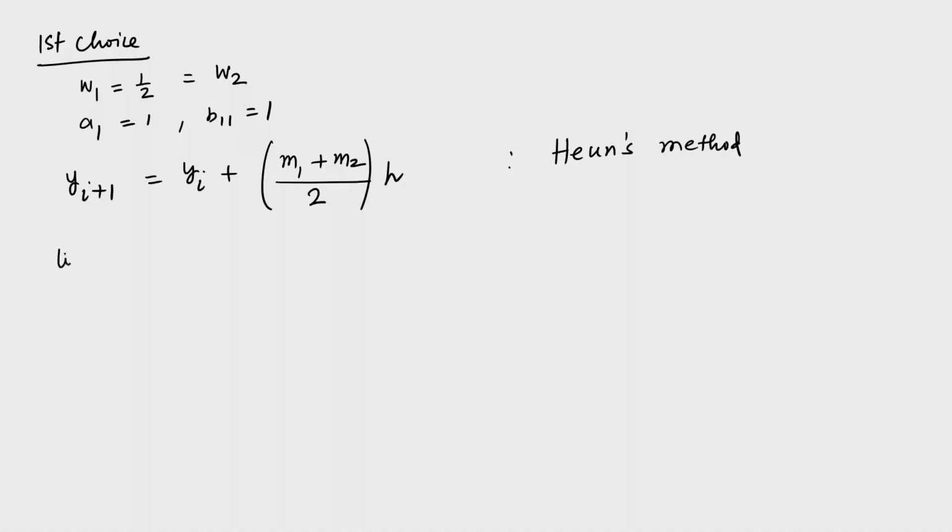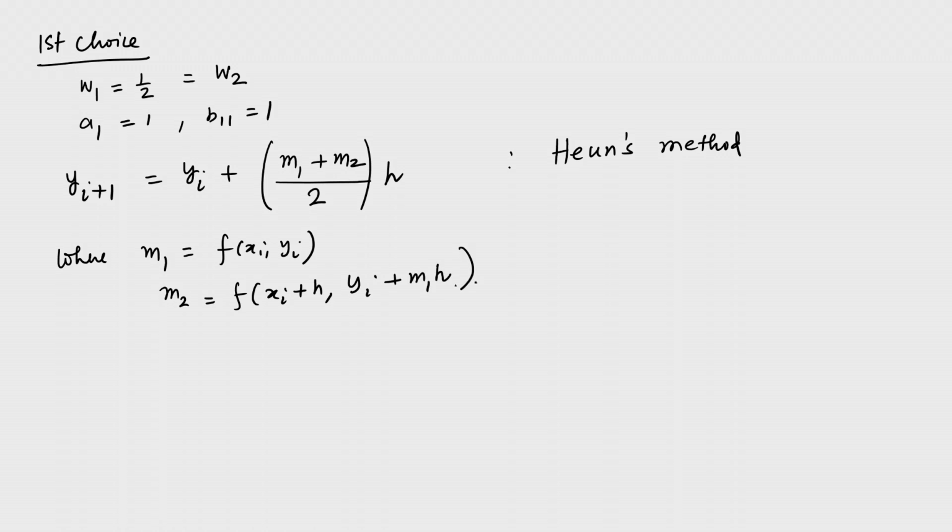Just to remind you that m1 is the slope evaluated at the point x_i, y_i, and m2 requires the slope at the end point. So, we need to calculate this value, put it back and calculate the slope, and so on.